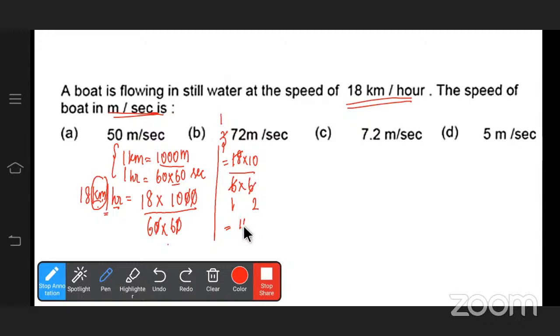So remaining is 10 divided by 2, because 1 10s are 10, 1 2s are 2. So again 10 and 2, in which table will it divide? 2 table, right? Yes, ma'am. 1 2s are 2, 5 2s are 10. So answer is 5 meter per second. So I'm converting kilometer per hour into meter per second.